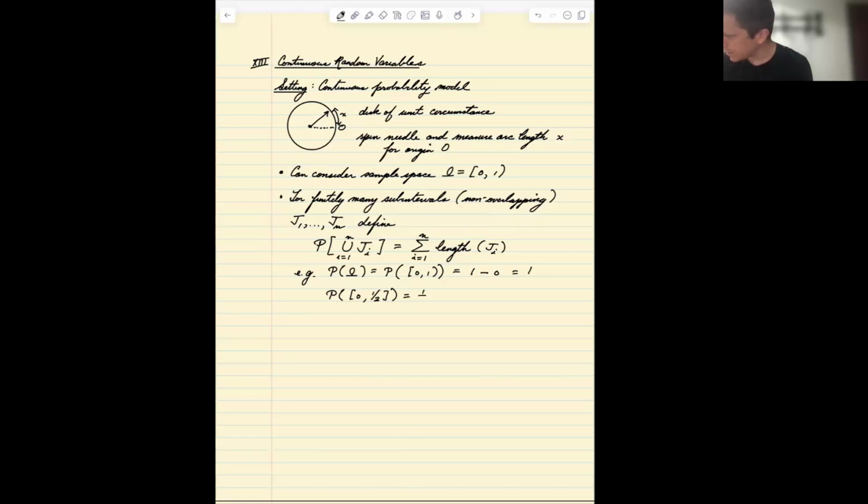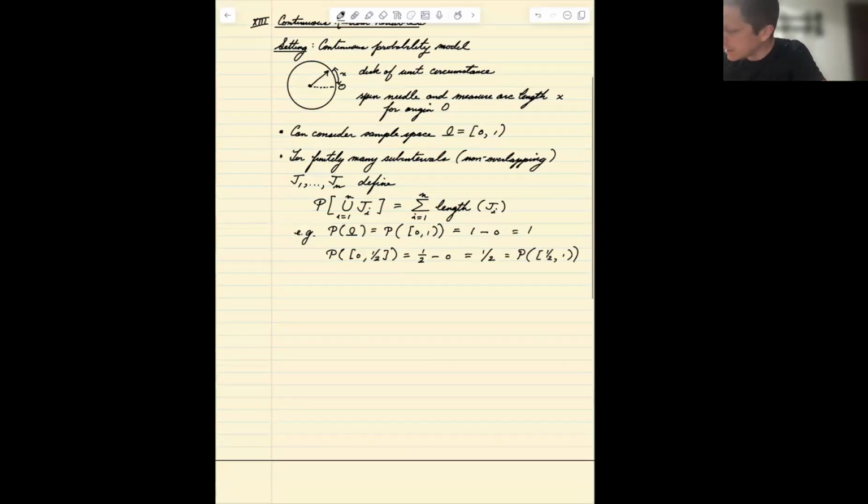Well, it's 1/2 minus 0, so it's 1/2. And that's also equal to the probability of landing in the bottom, from 1/2 to 1. Notice that the inclusion or exclusion of endpoints doesn't actually matter.